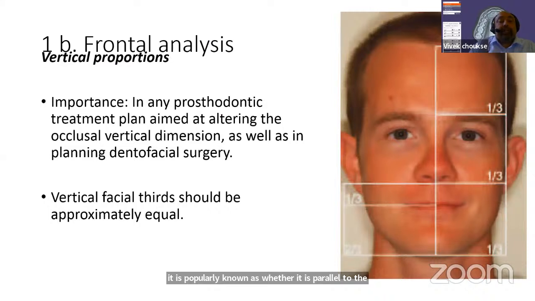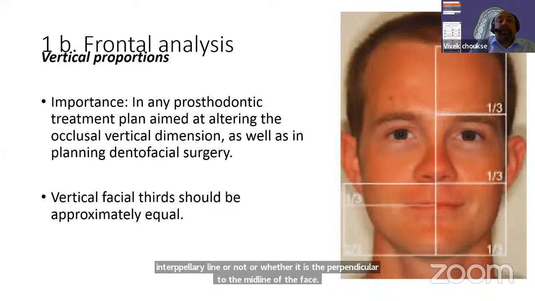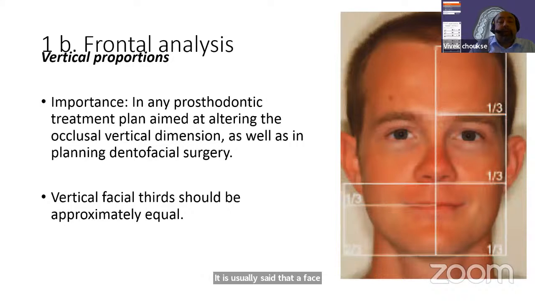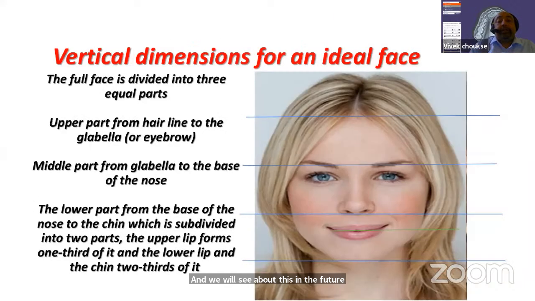It is usually said that a face can be equally divided into three parts. The vertical facial thirds should be approximately equal to each other, and we will see more about this in the future slides.